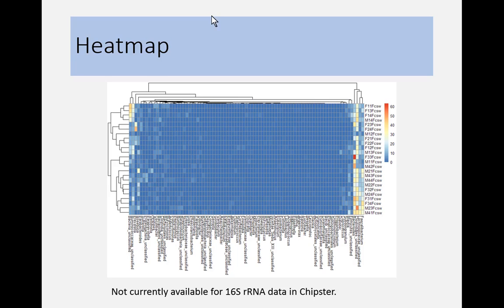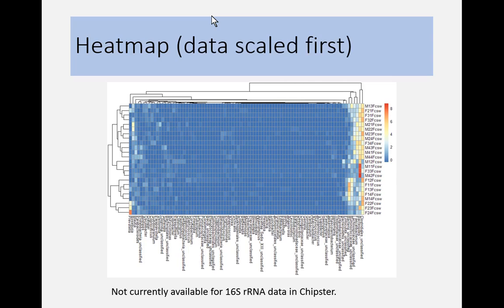Just the counts, are they normalized or are they? In this, they are not, but in here, they are actually scaled. So these are kind of relative abundances of these species inside every one of those samples. So this may be a more exact depiction of the actual dataset.